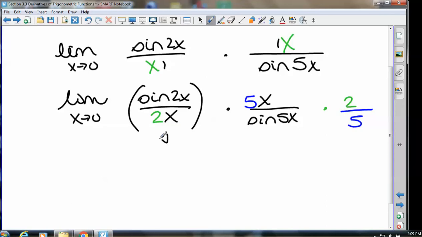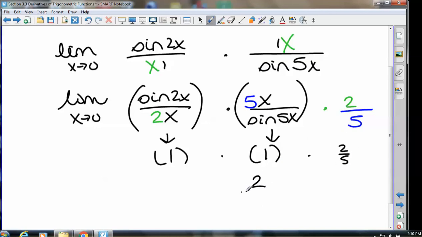So now sine 2x over 2x goes to 1. 5x over sine 5x goes to 1 times 2/5. We get 2/5.